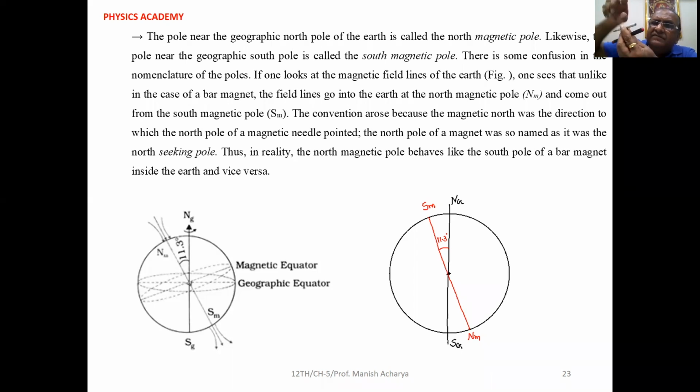And if the magnetic south pole of the bar magnet is aligned in the geographic south direction, it implies that this is the north pole of the Earth, because north attracts south and south attracts north. So without confusion, you can simply represent this in this way.